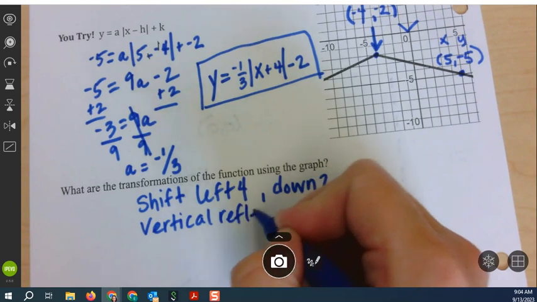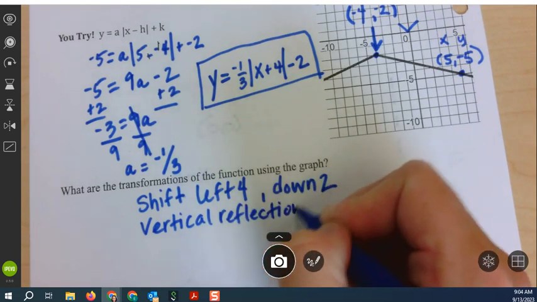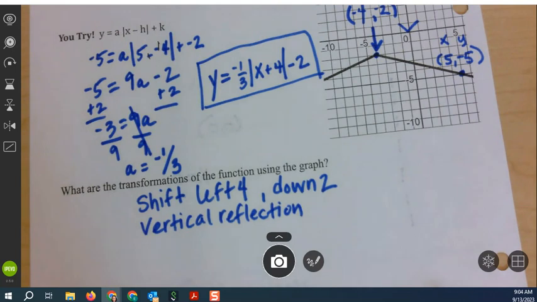And before you tell me if it's a stretch or compression, I'm going to remind you what they look like. All right. So you've got your V shape, okay? If it is stretched, somebody is pulling it from the top. They're pulling it and making it taller. If it is compressed, somebody is pushing it down, and that makes it wider.